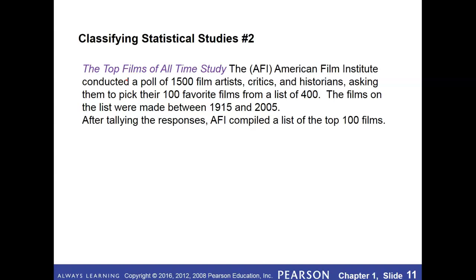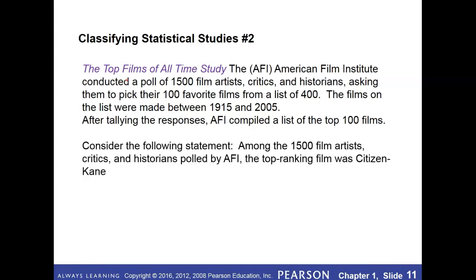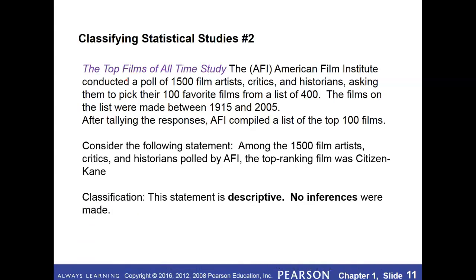After tallying their responses, the American Film Institute compiled a list of the top 100 films. Suppose this is the statement that comes from the study. Consider the following statement: among the 1,500 film artists, critics, and historians polled by the American Film Institute, the top-ranking film was Citizen Kane. Well, what type of study would that be? That would be descriptive.